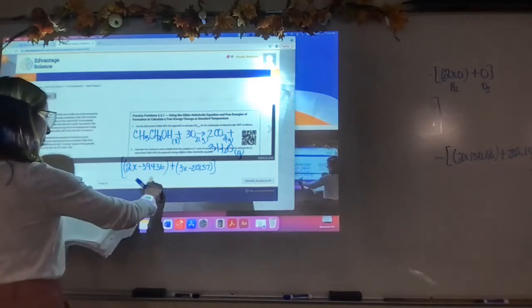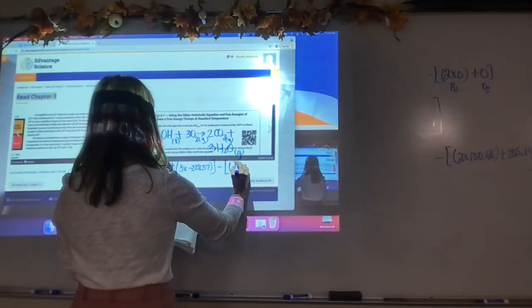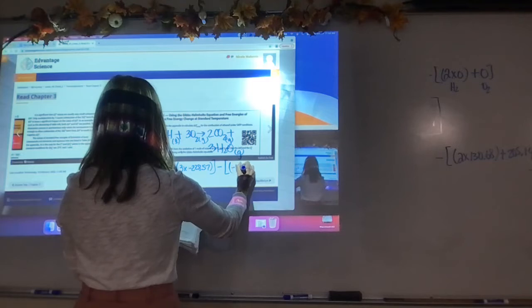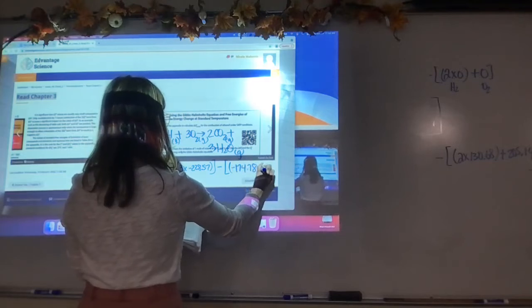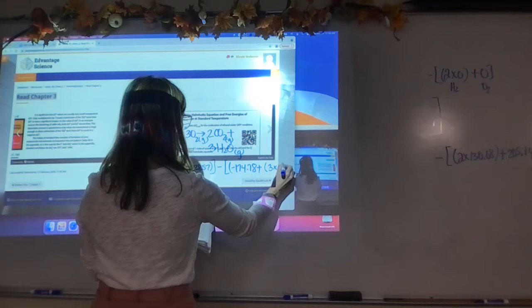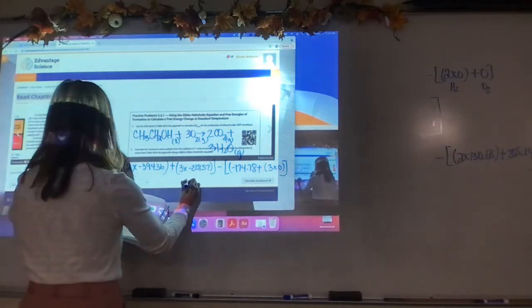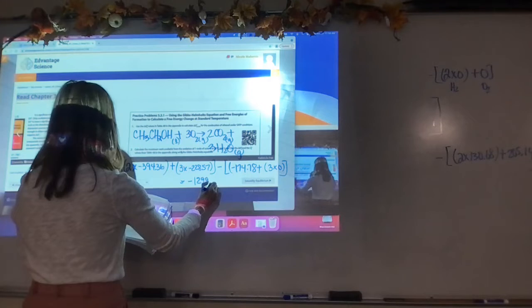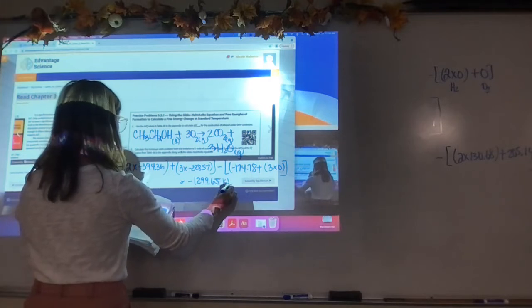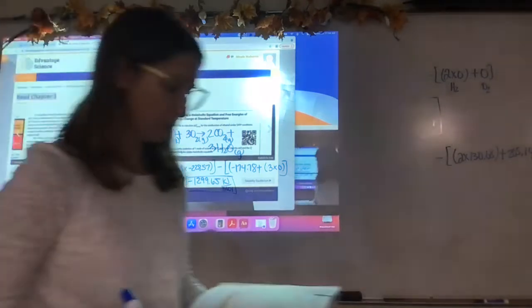So that's the sum of the products minus the reactants, which is going to be negative 174.78. And the oxygen is 3 times 0. So this is going to come out to be negative 1299.65 kilojoules per mole for that reaction. Okay.